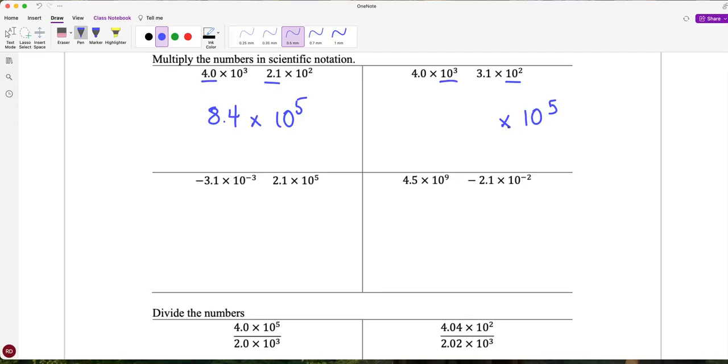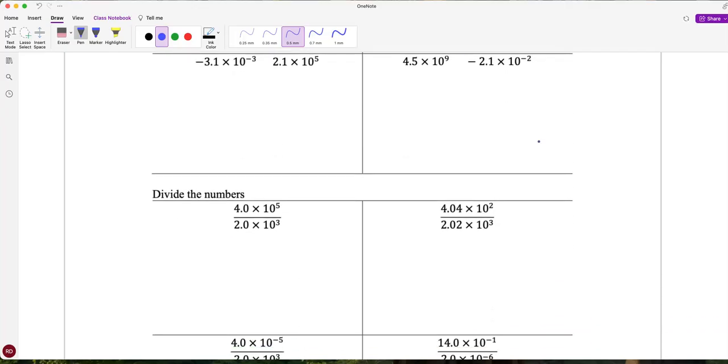And 4 times 3.1, that's going to be what? 12.4 times 10 to the 5th. Now that's not complete scientific notation because the number is not between 1 and 10, so 1.24. If I make that smaller by a power of 10, I have to make this number larger by a power of 10. So 1.24 times 10 to the 6th.